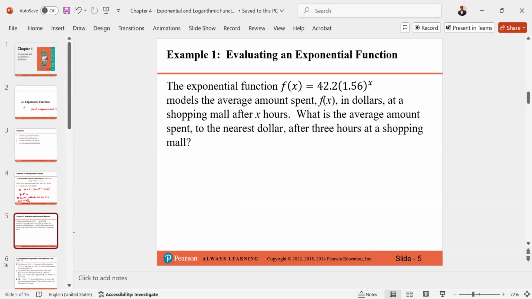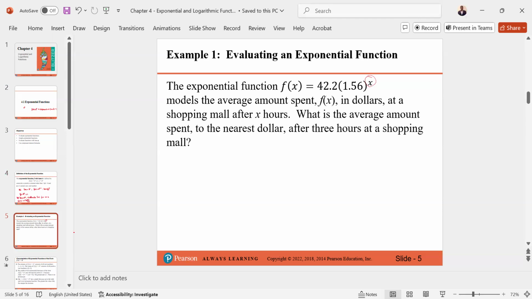That's what we do in the next example, where we are given the exponential function f of x equal 42.2 times 1.56 power x, which models the average amount spent, f of x in dollars, at a shopping mall after x hours. X represents the number of hours you spend spending money in a shopping mall.